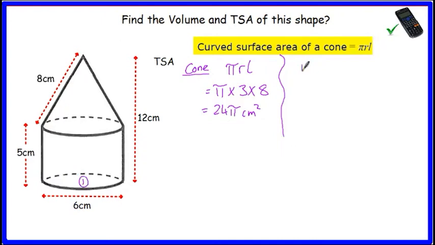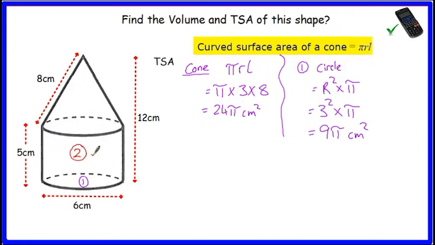Let's do this face, we'll call it 1, is the circle. So it's radius squared times pi. Circle is done. Now this face here is a rectangle. Its height is 5.